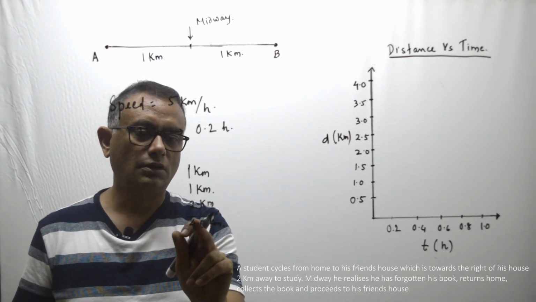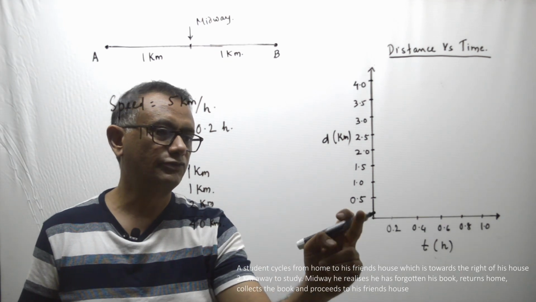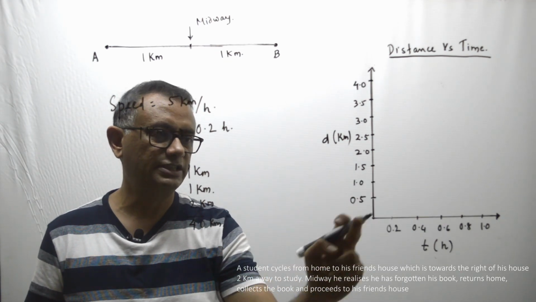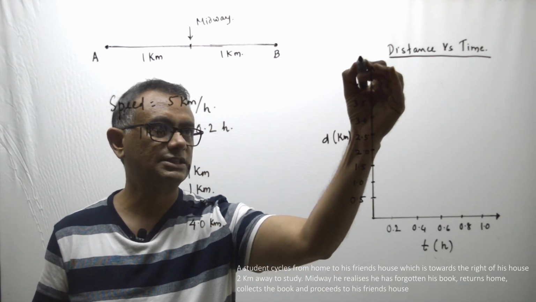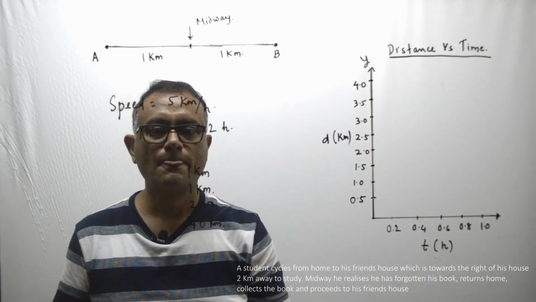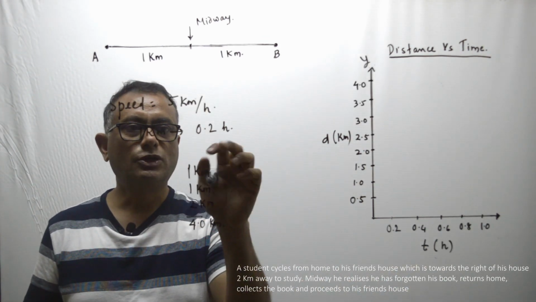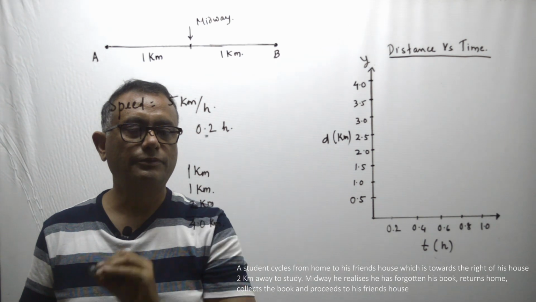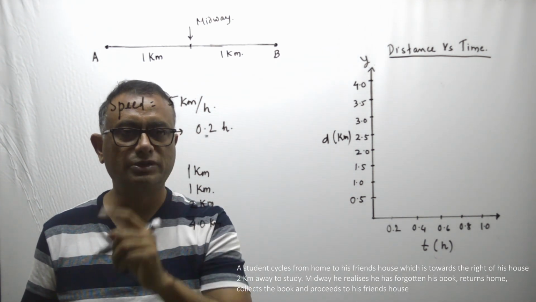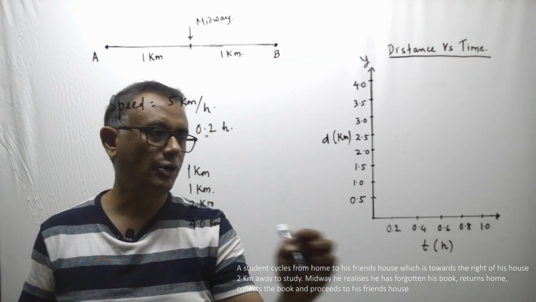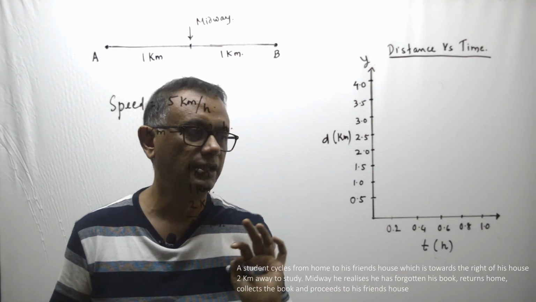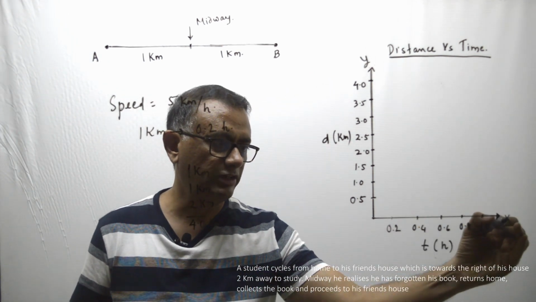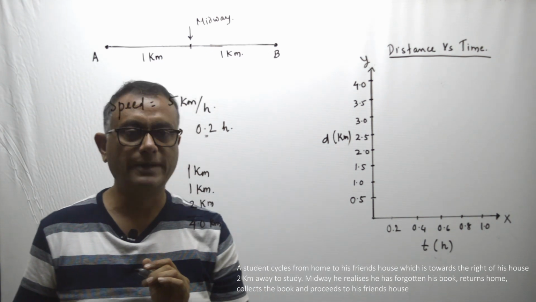Okay, so we will split this 4 kilometers in 0.5 each. So we have the y-axis all properly mapped out. And because he is going to take 0.2 hours for every kilometer, 4 kilometers will take 0.8 hours. So we have properly mapped out our x-axis where we are taking the time as well, okay?